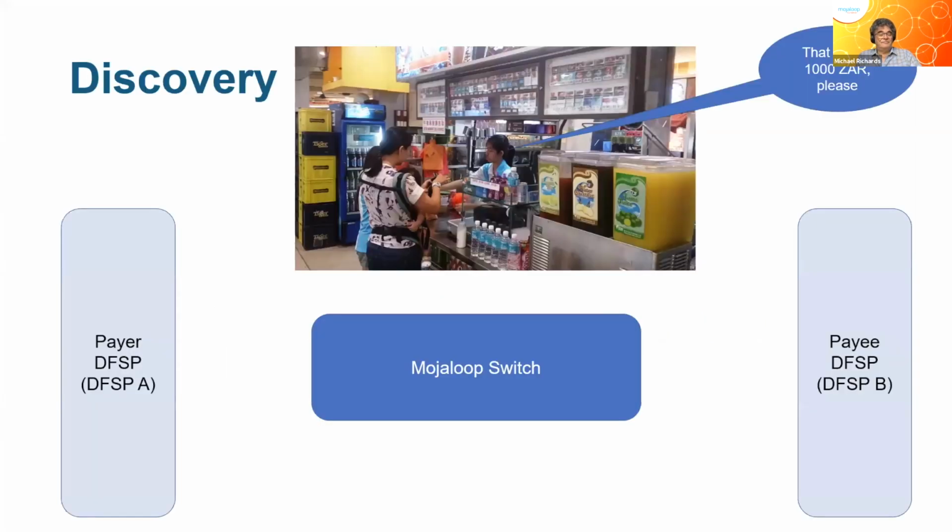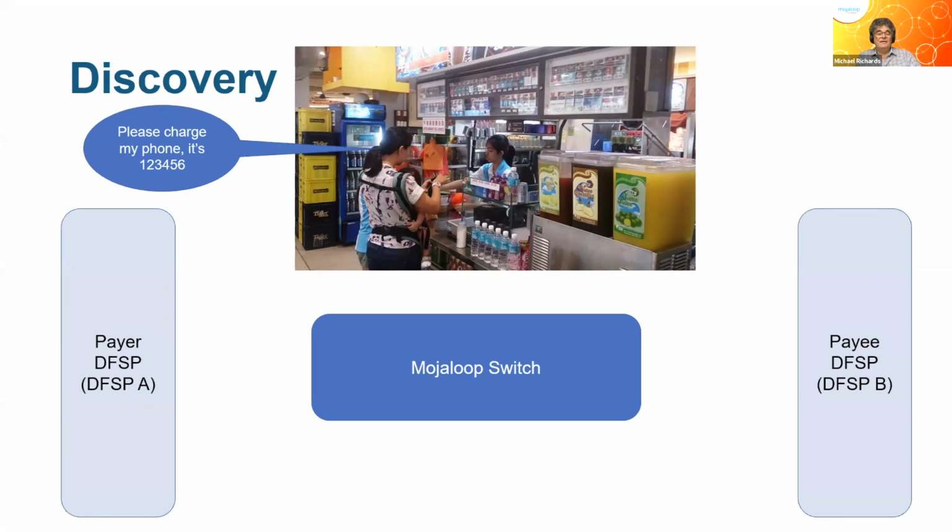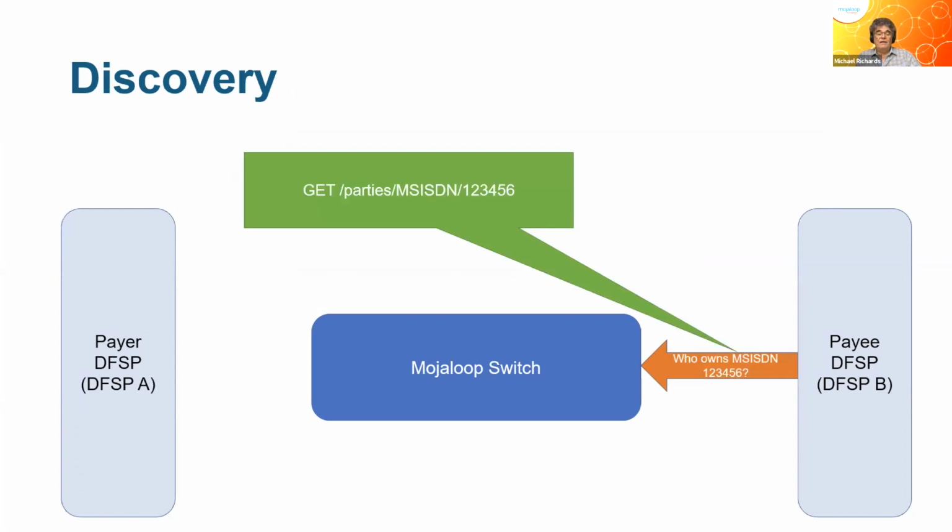So, what happens in a merchant request to pay? Customer winds up in a merchant who tells them the amount that there is to pay. The customer then says, please charge my phone, and gives the phone number or some other identifier. Now, the payee's DFSP says, who owns that identifier?